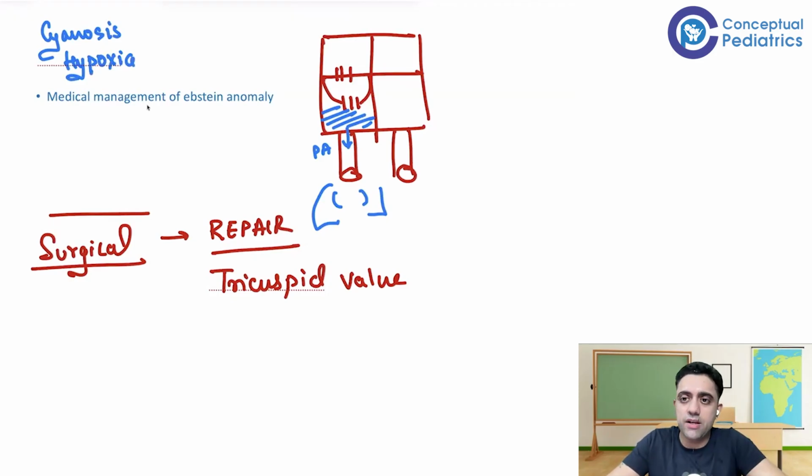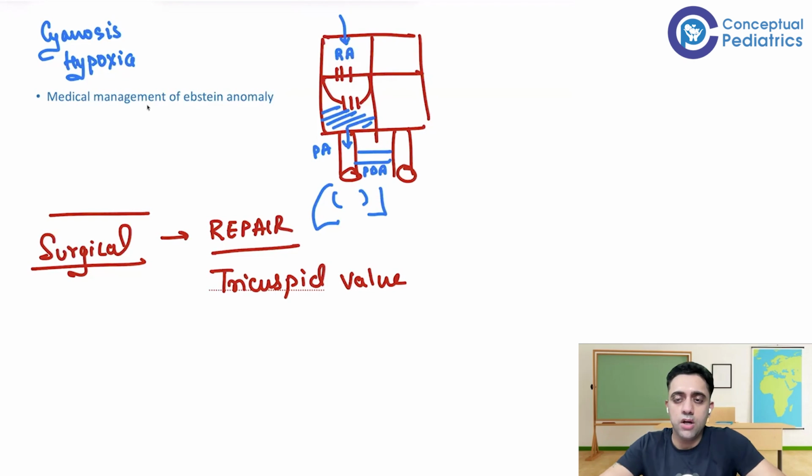So in this case, one important point we must appreciate is that keeping the PDA open will be helpful, because of the blood coming to the right atrium.